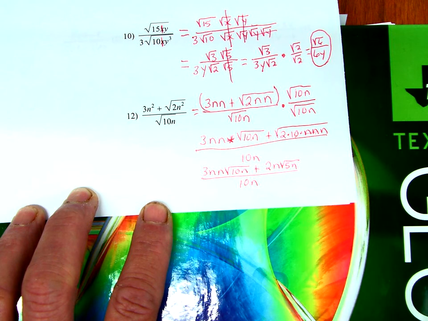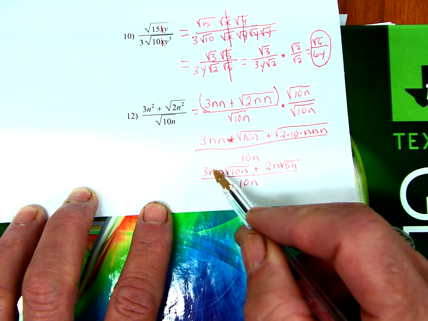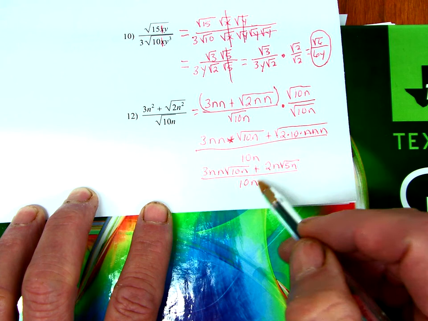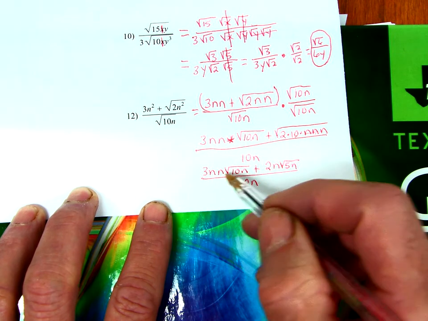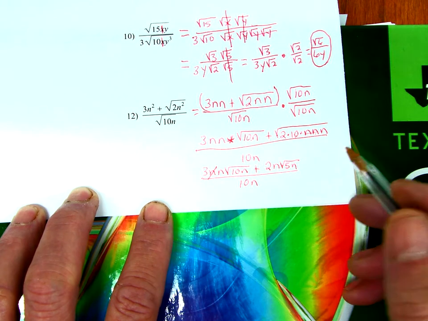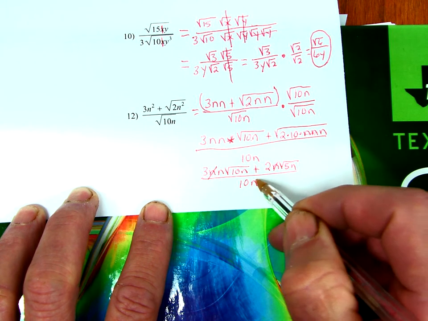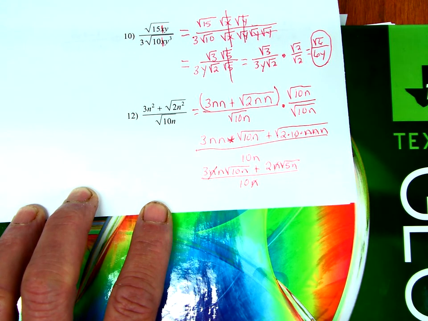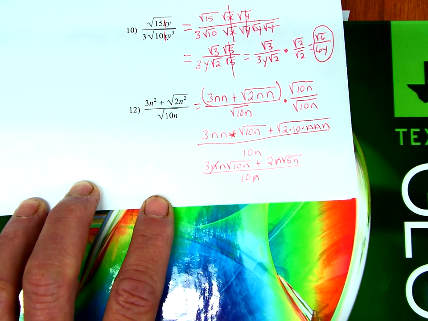The n's, however, I can. I've got an n here, an n here, and an n here, all on the outside of the radicals. So I can cancel a single n here, a single n here, and a single n there. Now I'm going to clean this up and we'll have our final answer.